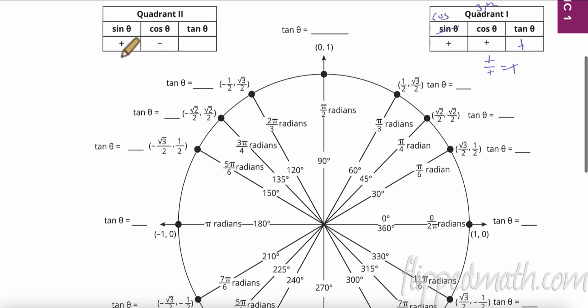Over here, when I switch these around, so this is cosine, sine, because cosine is x, sine is y. So my tangent is sine over cosine. So when I divide a positive number by a negative number, my tangent in here is always going to be negative. So in quadrant 2, I'm always going to have a negative. In quadrant 1, I'm always going to have a positive.